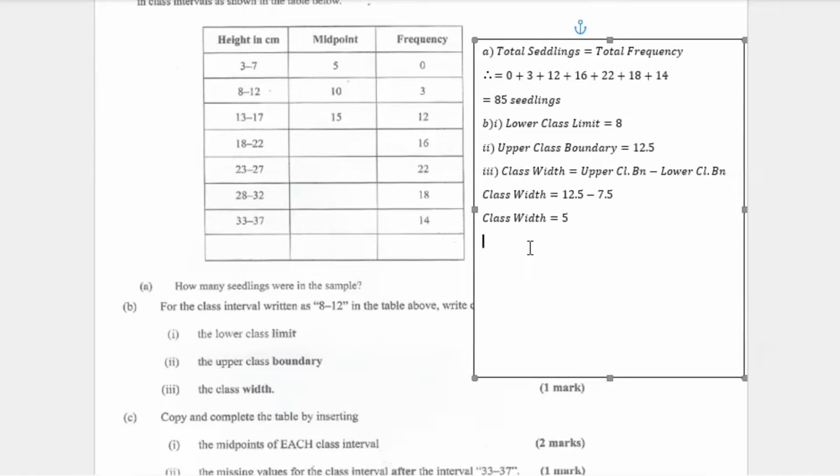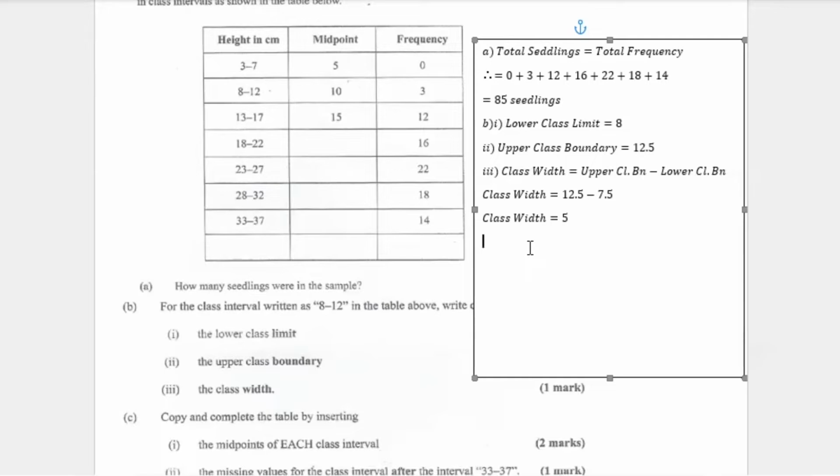Or you can add the boundaries and divide them by 2. So any one of those formulas, you can either add the limits and divide by 2, or add the lower class boundary and the upper class boundary, and divide by 2.